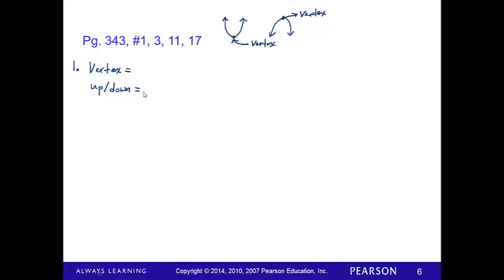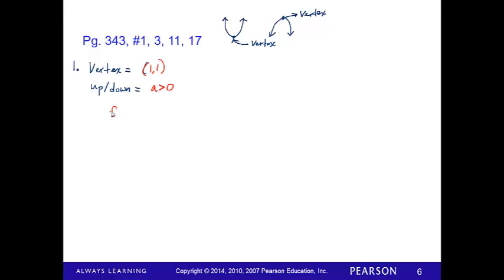So the vertex in number 1 is going to be at the point 1, 1. And does it open up or does it open down? Well, it opens up, which means the leading coefficient is positive. All right, so out of our choices, F, G, H, and J, let's figure out which one has the correct vertex.